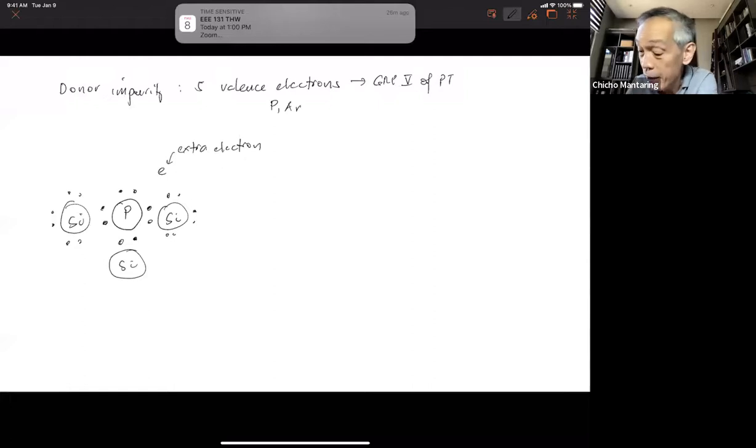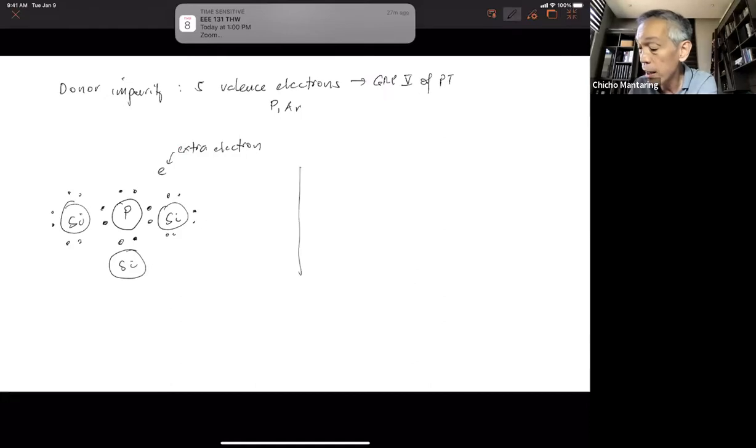Okay. Now, again, this solid is going to be electrically neutral, because if this has 5 electrons in its outermost shell, then that means there's an equivalent positive charge in its nucleus. So this is neutral. But the fact is, it will now have an extra electron.